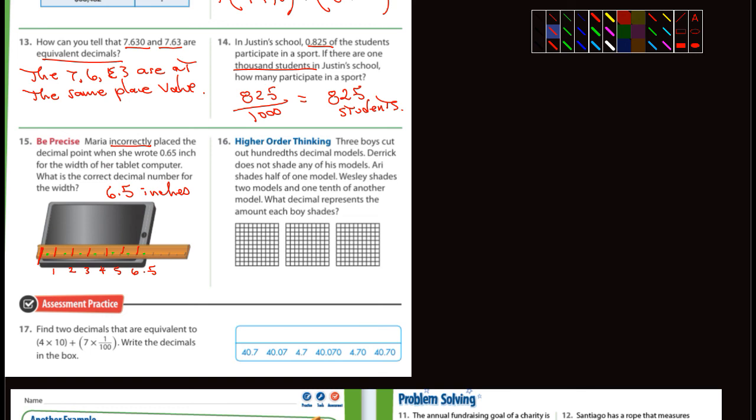What decimal represents the amount each boy shades? So, all right, I'm going to do the first one. Derek, he does not shade any of his models. So what decimal would that be? So I'm going to put down Derek. It'd be, I guess, 0.0. And then Ari, if I'm saying that not right, Ari shades half of one model.